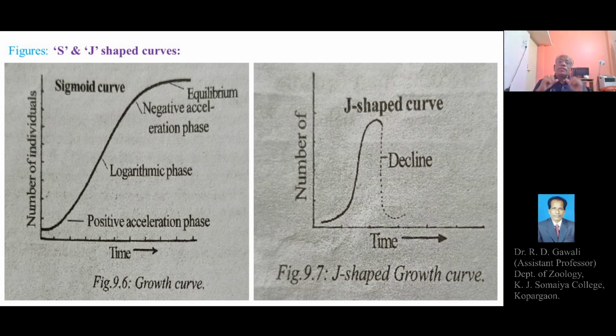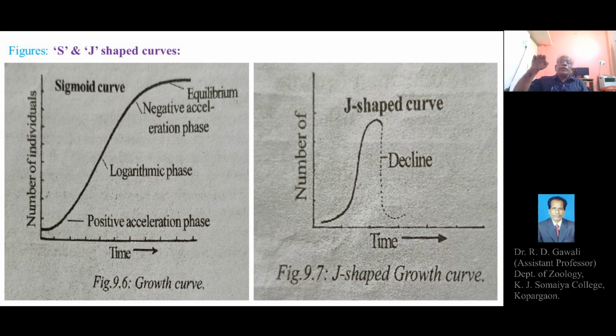The environment directly or indirectly resists the growth rate. So the increase in the population slows down in the third phase, representing the negative acceleration phase, and this happens due to the environmental resistance.